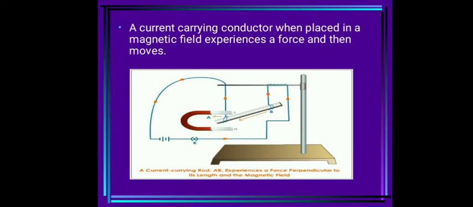As the length increases, the force also increases. And the force is directly proportional to what? The magnitude of the magnetic field, that is, F is directly proportional to B. As the strength of the magnetic field increases, the force also increases. So from these three points we can write that the force is directly proportional to L, I and B, that is, the magnitude of the magnetic field, length of the conductor and current flowing through the conductor.